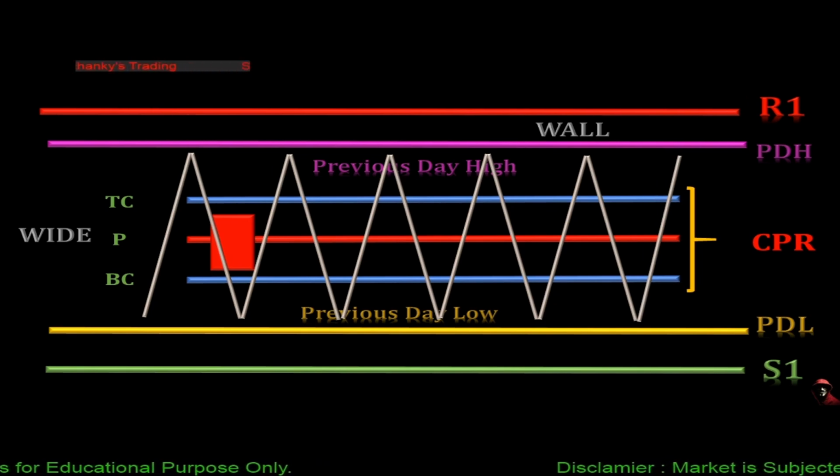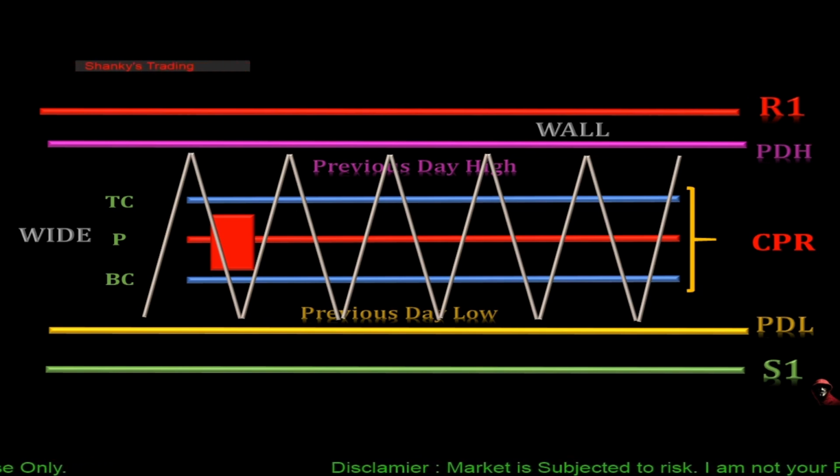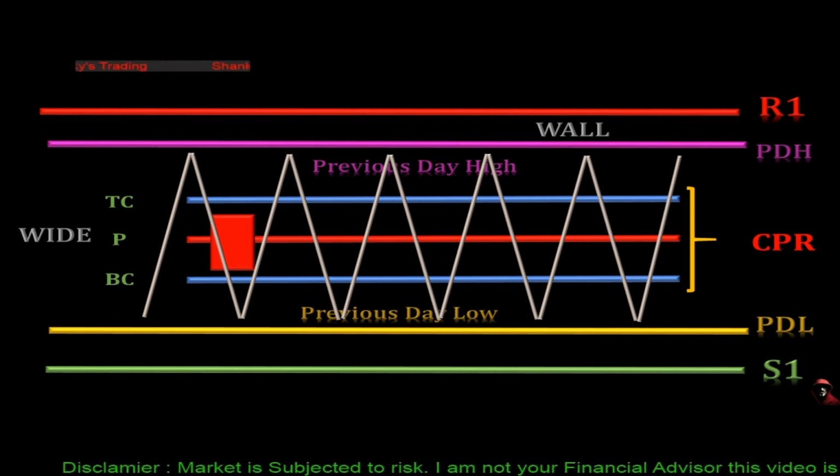The candles will go up and down until and unless they break the wall, that means the previous day low line or any high or low made on that day. So you just have to mark the two lines, and you should understand that it will just jump up and come down, jump up and come down. This is what it is going to do for the whole day.